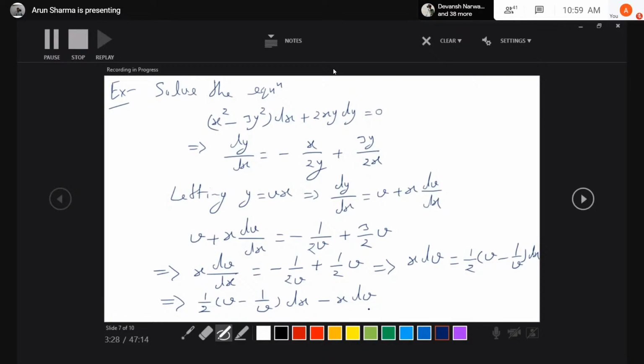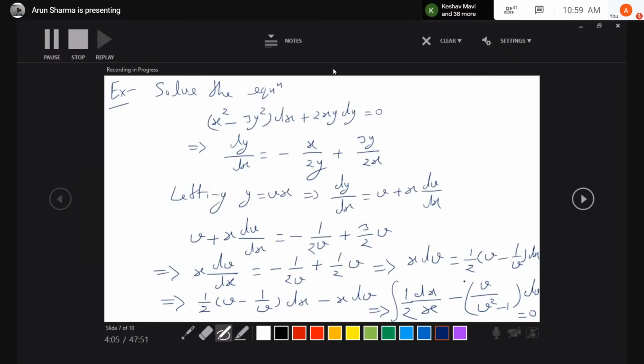We can convert it into variable separable. So how to convert it into variable separable? So this will become dx upon x minus, let me take 1 upon 2, 2v upon v square minus 1 dv equals to 0.